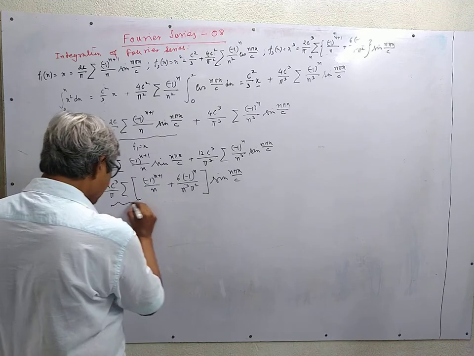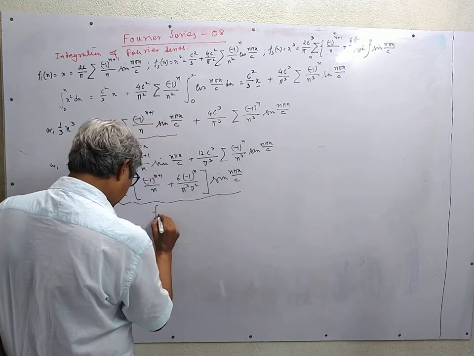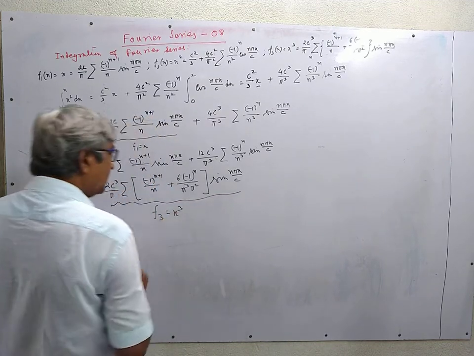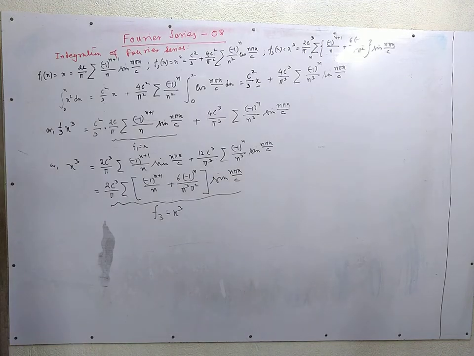You see this is nothing but F3. So we have taken two simple examples which show that if we integrate the Fourier expansion on the right, term by term, then we get the correct result. In the next class we shall consider the differentiation of Fourier series.